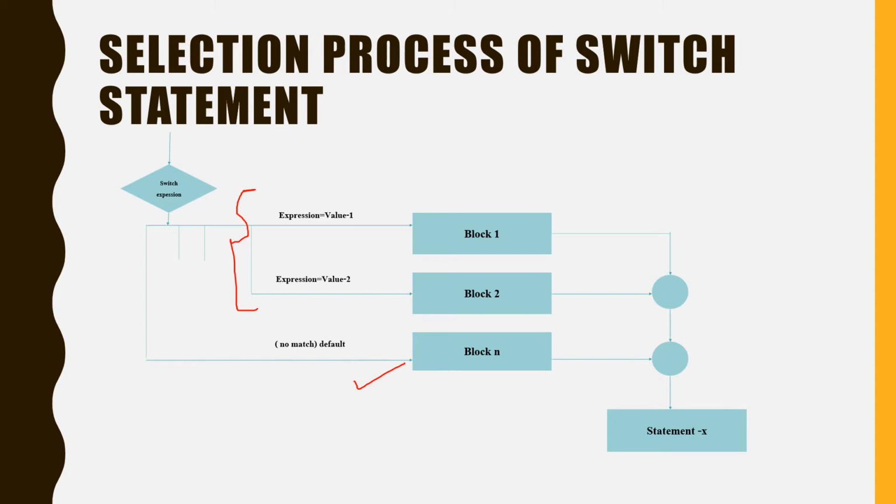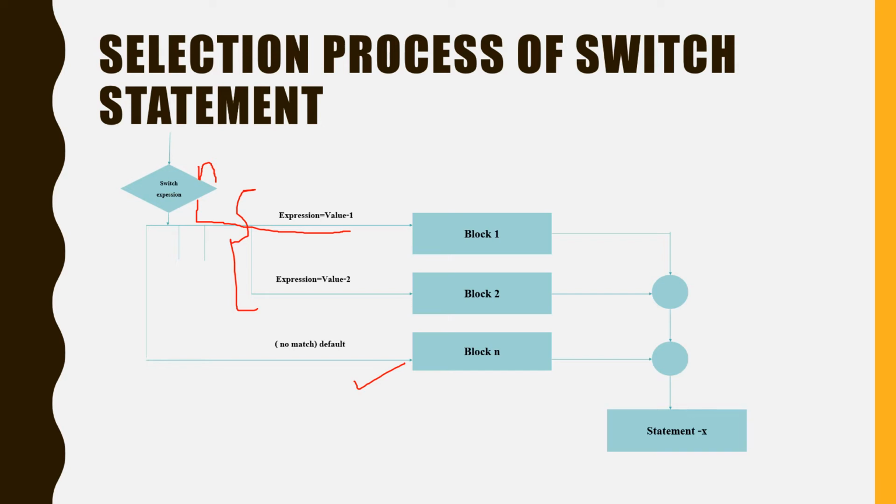Here we are using the break statement in every block. In block 1 we will make use of the break statement. In block 2 also we will use it. And in block n also we will make use of the break statement. So if the value of n is equal to the value 1, then block 1 will be executed. After executing all the statements in block 1, the last statement, the break statement, will also be executed.